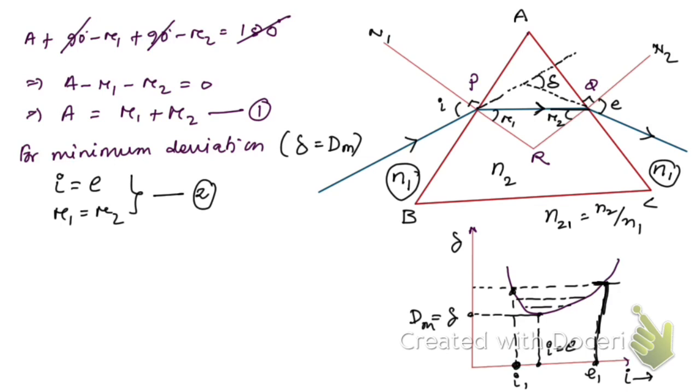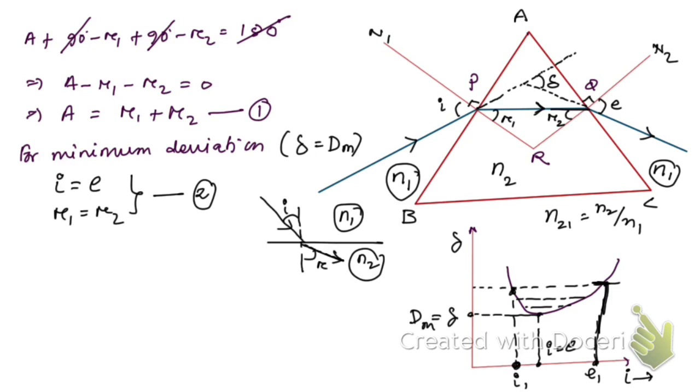Now you see, we already know according to Snell's law, suppose you have a medium of refractive index n1 and another medium of refractive index n2, and light comes from n1 and the angle of incidence is I, right, and is refracted through the second medium like this, and this is the angle of refraction.